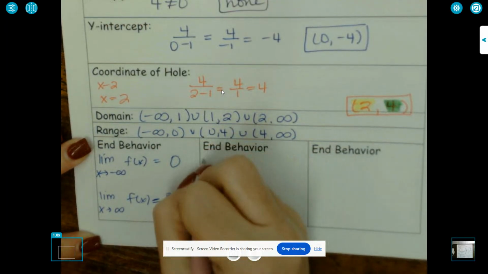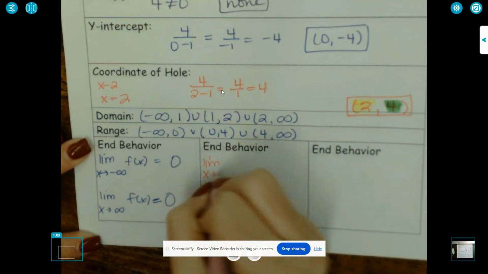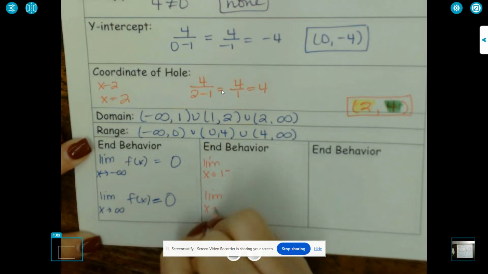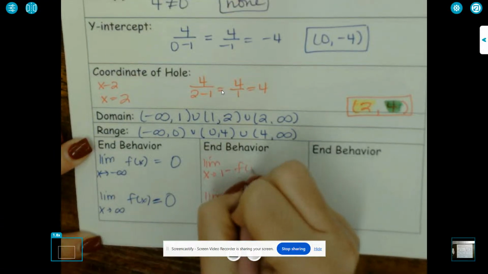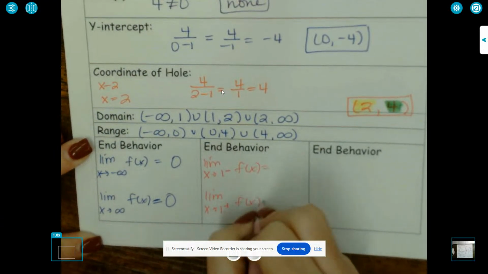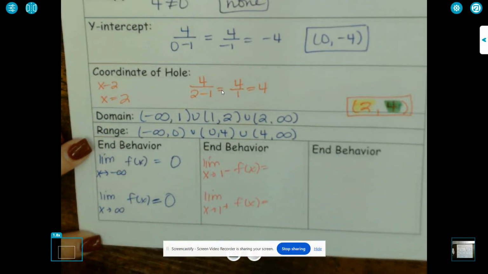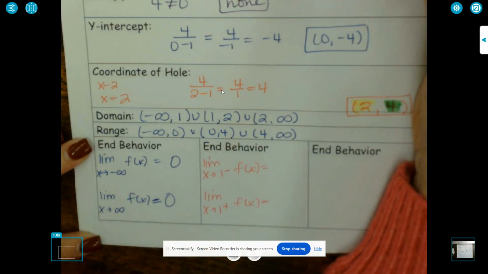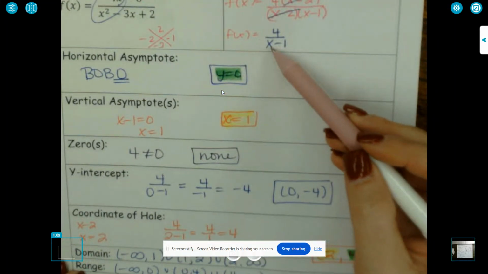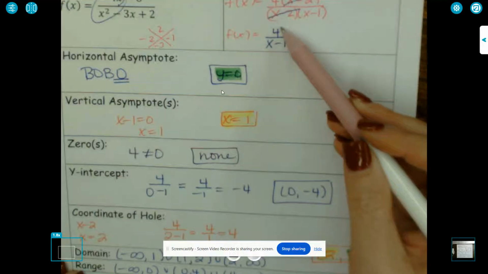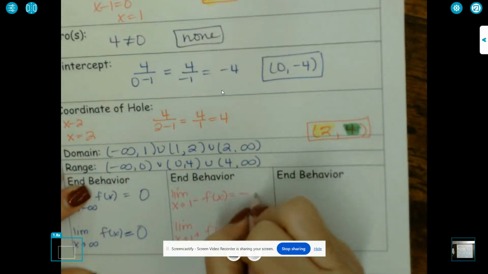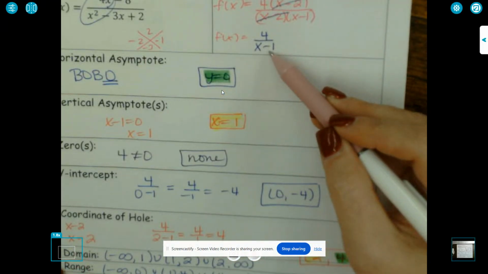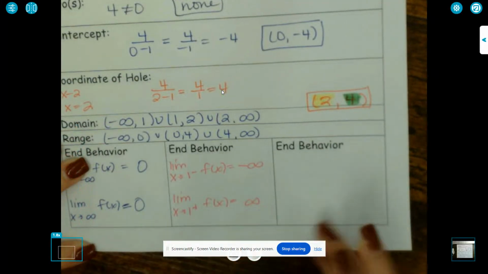Vertical asymptote is 1, so we're going to go 1 from the left and 1 from the right. If I go 1 from the left, that will be like 0.9. If I plug in 0.9, that's going to give me a negative on the bottom. A positive divided by a negative is going to be a negative. If I plug in 1.1, that's going to be a positive, so that's going to give me a positive.